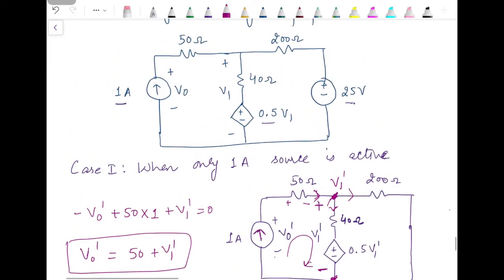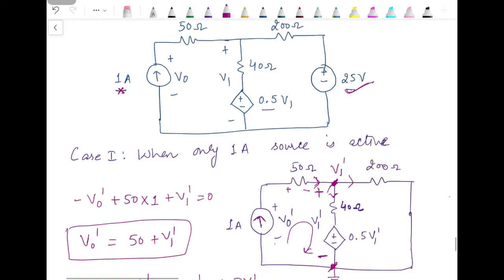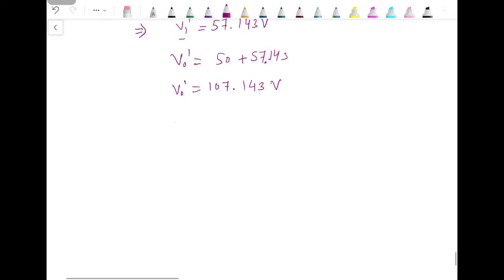Then we have to solve the circuit once again when the 25 volt source is active and the 1 ampere source is inactive. So let's draw the circuit again. Case 2, when the 25 volt source is active.